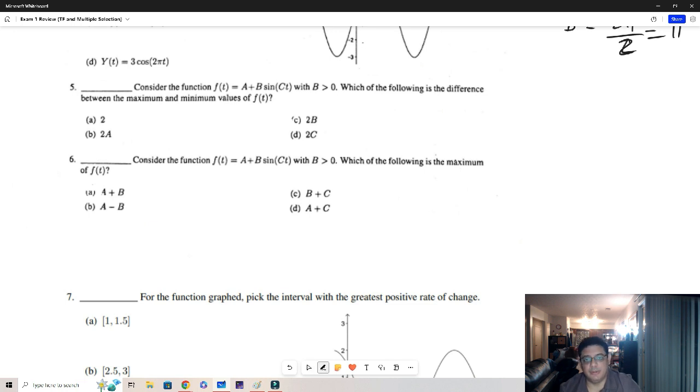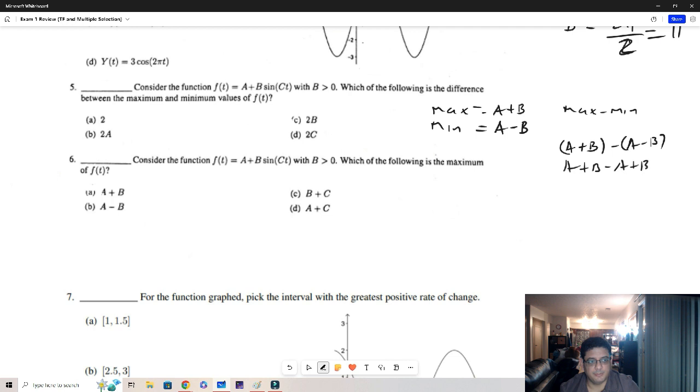So now remember that the maximum is given by a plus b, and the minimum is given by a minus b. So if you make the difference between maximum and minimum, you're doing a plus b minus (a minus b). So this is going to be a plus b minus a plus b. And so you cancel this and you get 2b.